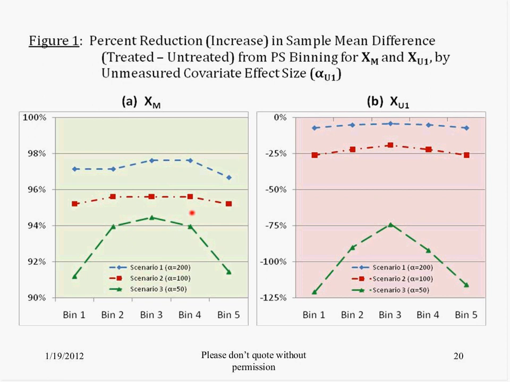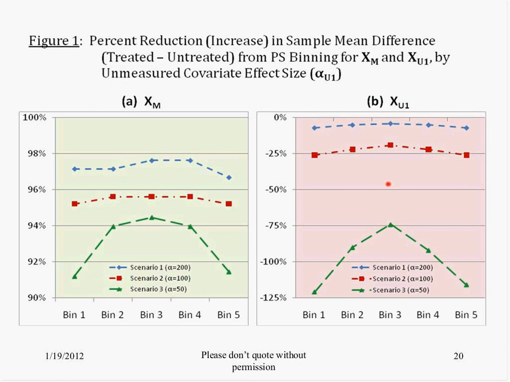Down in scenario 3, where the unmeasured factors have a relatively smaller effect on treatment choice, it's harder to balance XM to begin with, and you have a harder time balancing XM in the two tail bins, bin 1 and bin 5.